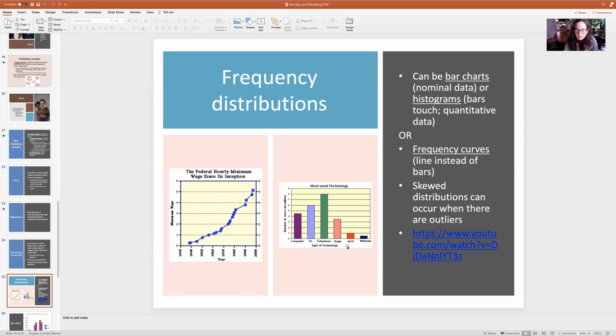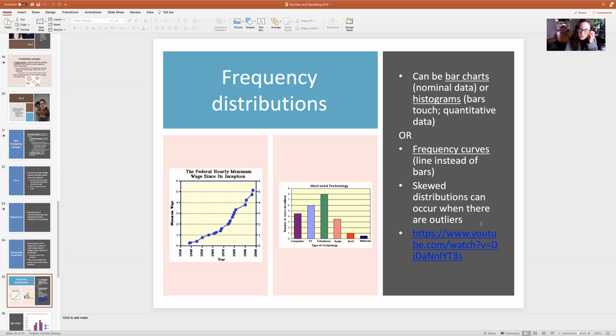It's not a quantitative measure. So we would use a bar chart for that. In this case, where we have an interval measure, we have years and we have the minimum wage, then we could graph that on a line graph. That is called a frequency curve when you graph it on a line graph.